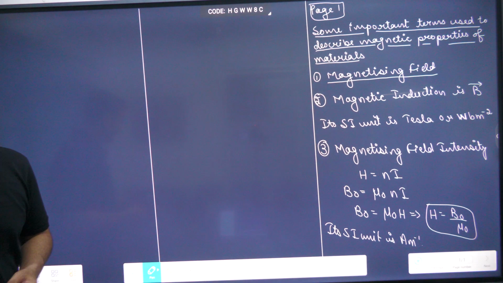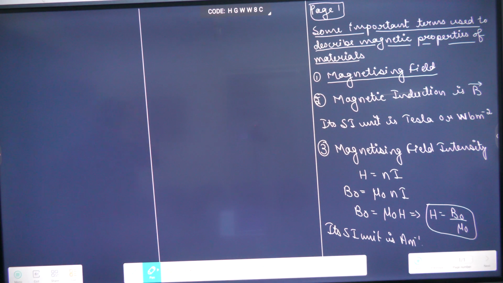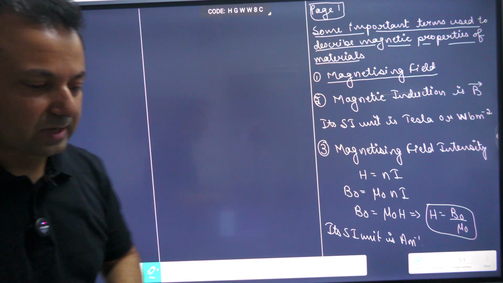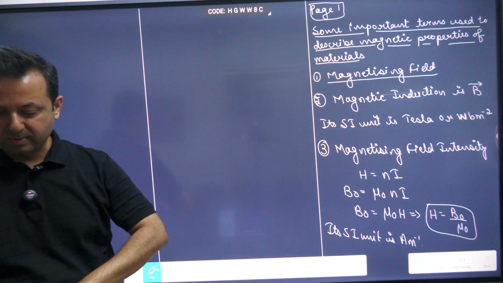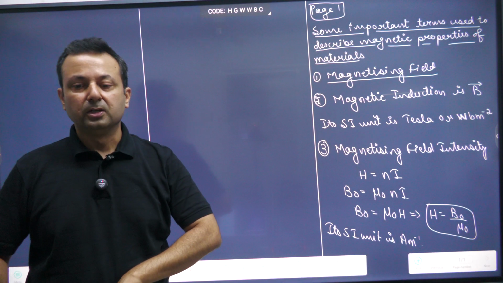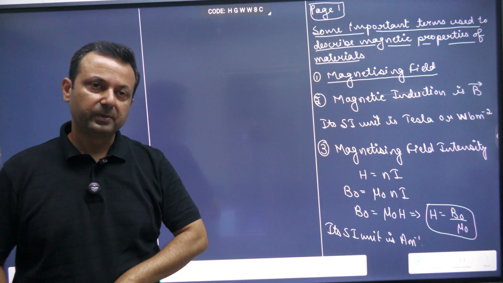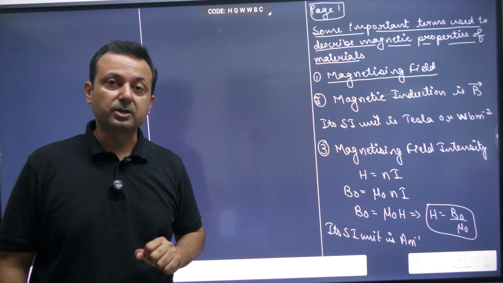Now, fourth is intensity of magnetization. Now, let's understand all these terms. First is magnetizing field. Magnetizing field is that field which induces magnetism in a magnetic material. Now, what is magnetic induction?